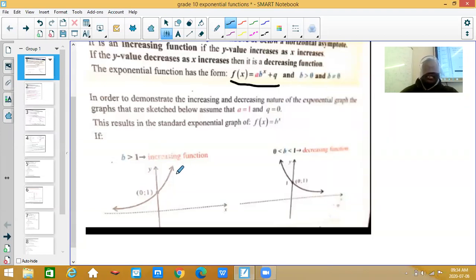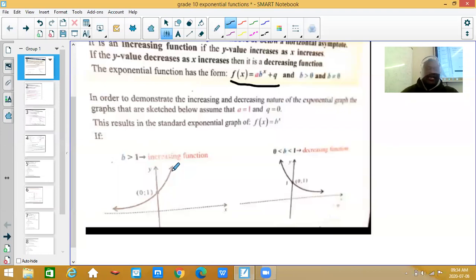It is increasing if we look at the graph: as the values of x increase, y increases, and if we go down the y value, we tend to the left along the x value. Its gradient is always positive. So an increasing function is a function whose gradient is positive.